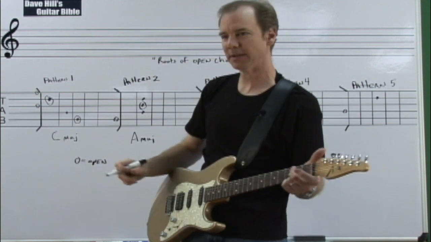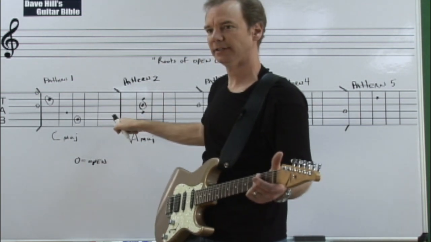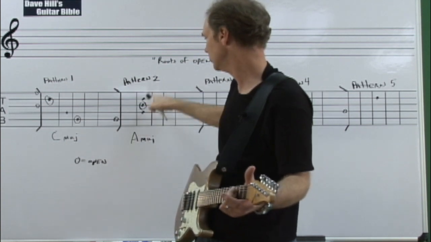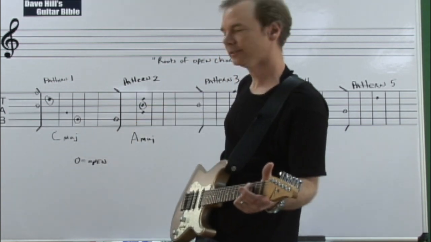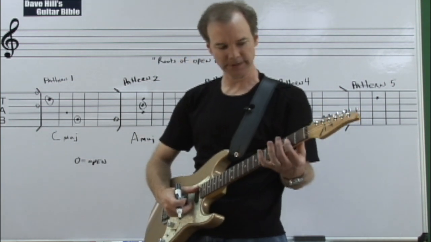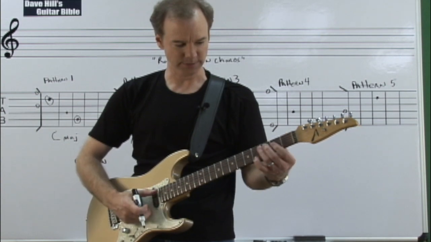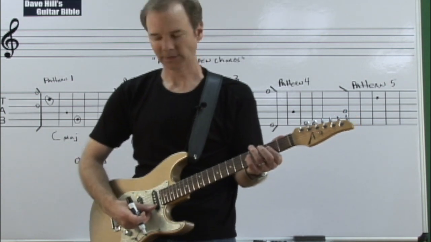Basically, that becomes a nice open A chord in the open position, and that's a pattern 2 open position A chord. I'm sure you've played that chord before, but you can play it with a variety of different bars there, but I like to do it probably with my first finger.